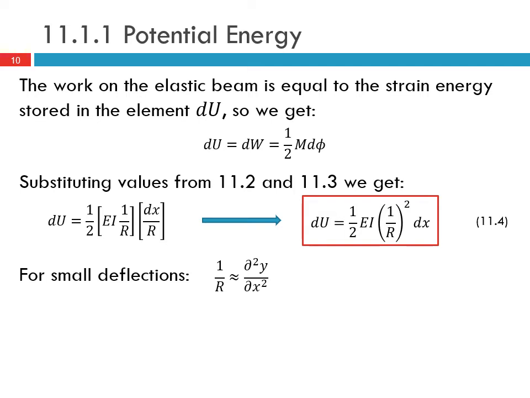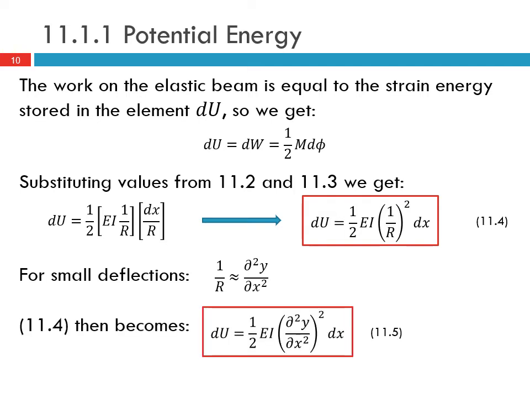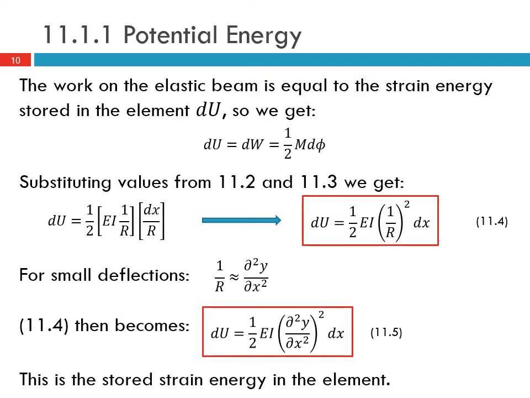And for small deflections, 1 over r, where r was the radius of curvature, is approximately d2y by dx squared. So then this becomes dU is 1/2 EI (d2y by dx squared) dx. And this is the stored strain energy in the element.